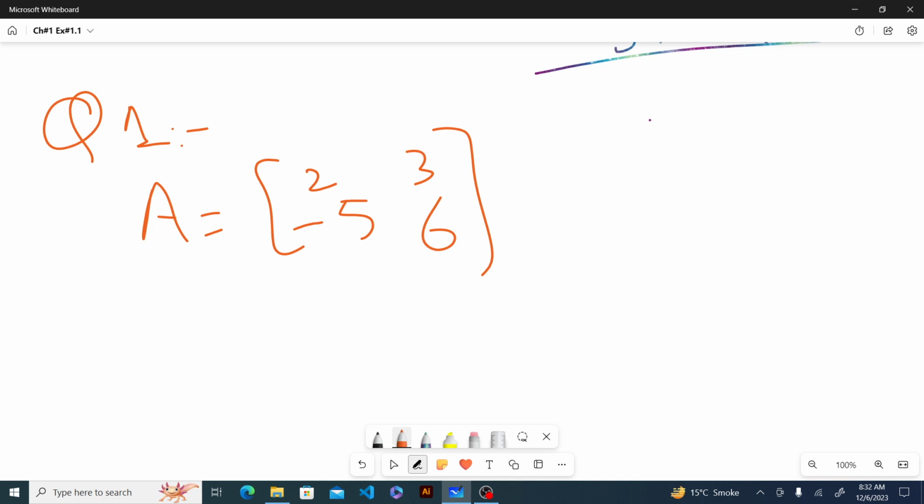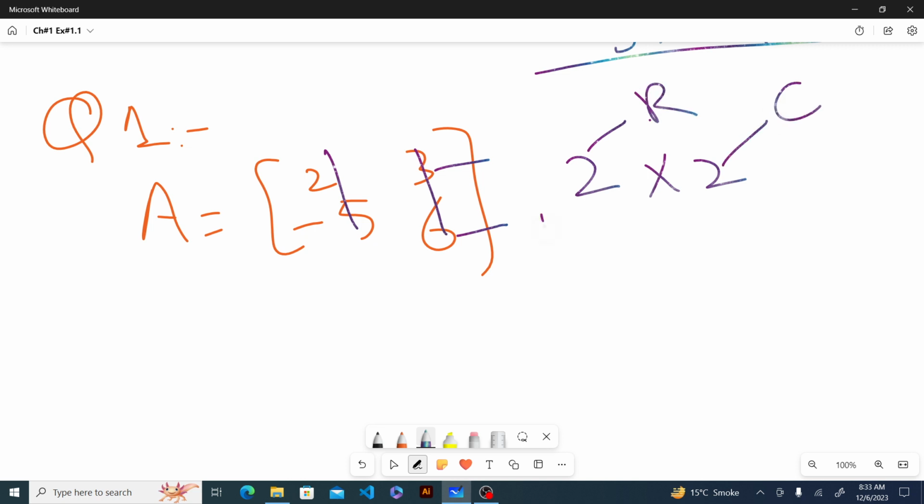The order of this matrix is 2 into 2, because there are two rows and two columns. This is showing the number of rows and this is showing the number of columns. So this is the answer to the first part. The order of matrix A is 2 into 2.